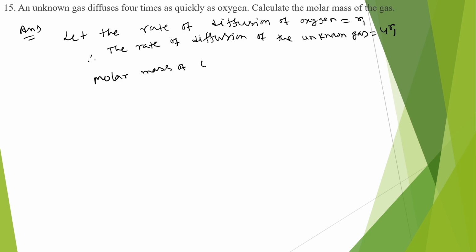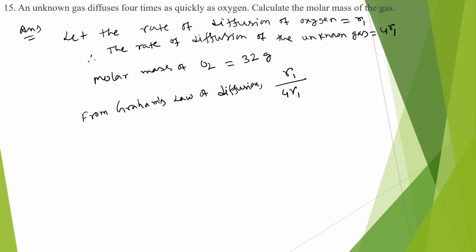Now, molar mass of O2 is 32 gram. So, from Graham's law of diffusion, we can write rate of diffusion of oxygen, R1, by 4 R1 is root over of M unknown by M oxygen.